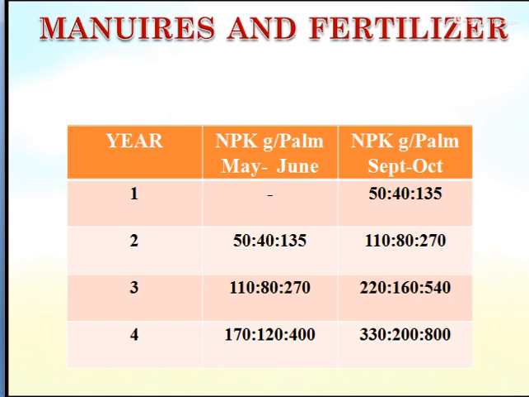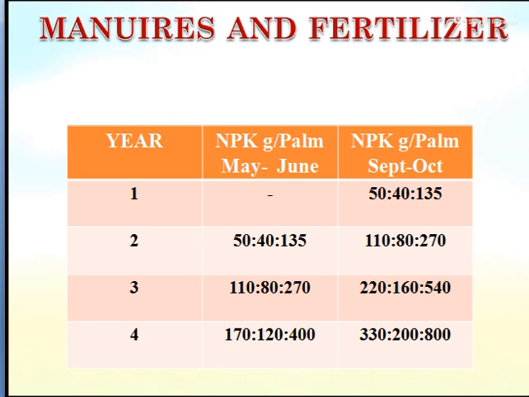The second dose of fertilizer recommended for coconut cultivation is 50, 40, 135 gram of NPK in May-June, and the second is 110, 80, 270 gram of NPK. The dose of fertilizer increases up to the fourth year after planting.